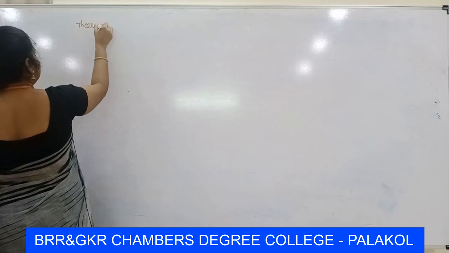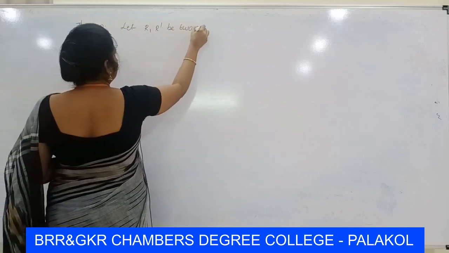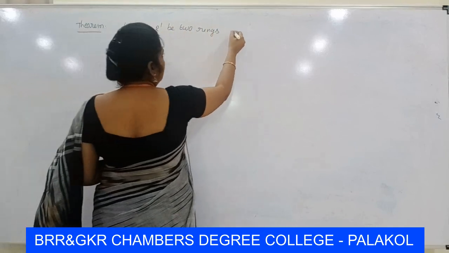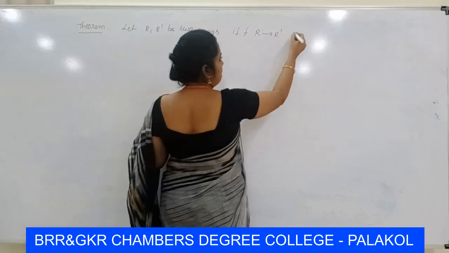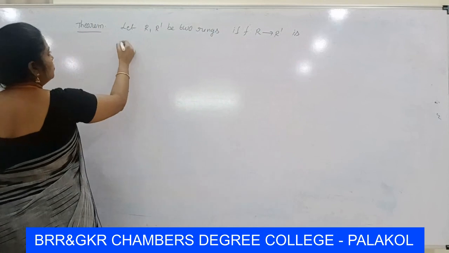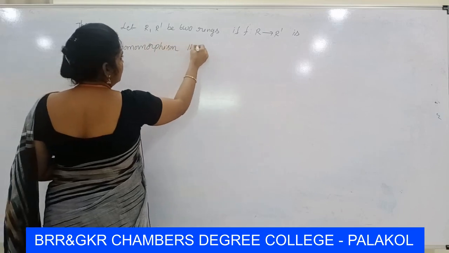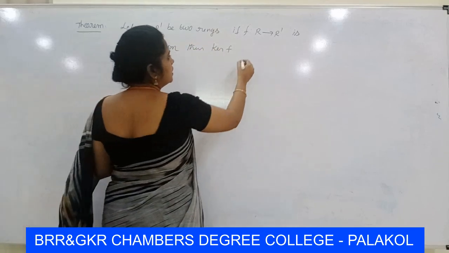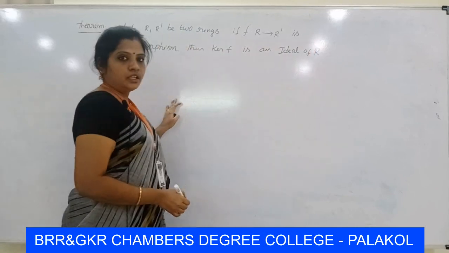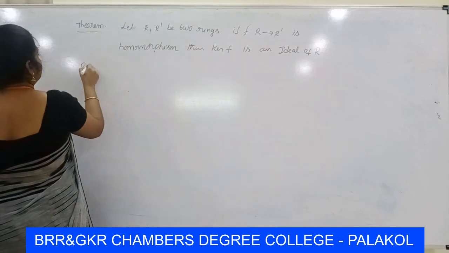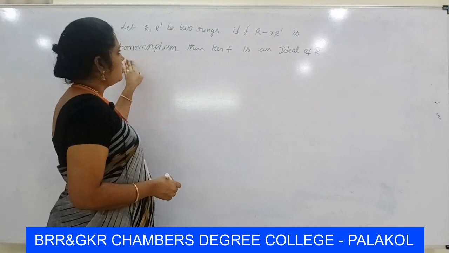Theorem. Let R, R dash be two rings. If F maps R to R dash is a homomorphism, then kernel F is an ideal of R. In this statement, you have to assume that F maps R to R dash is a homomorphism.